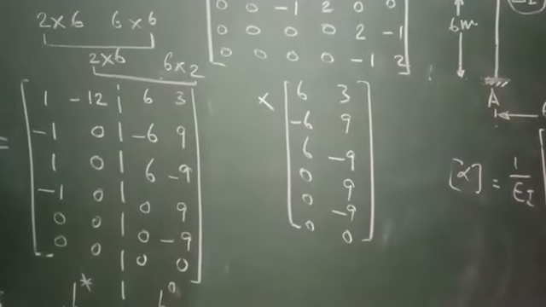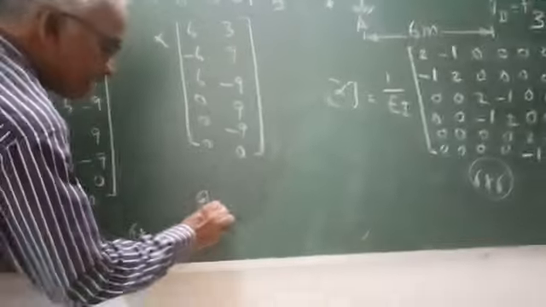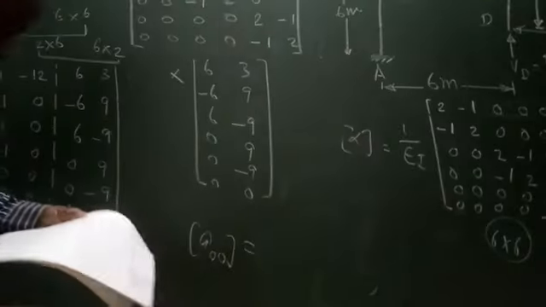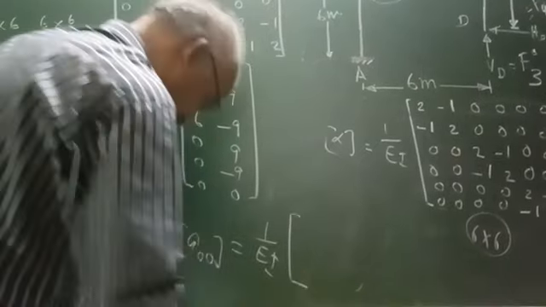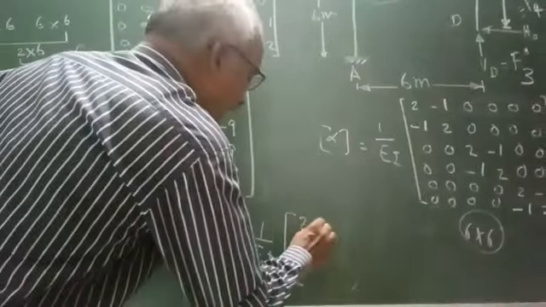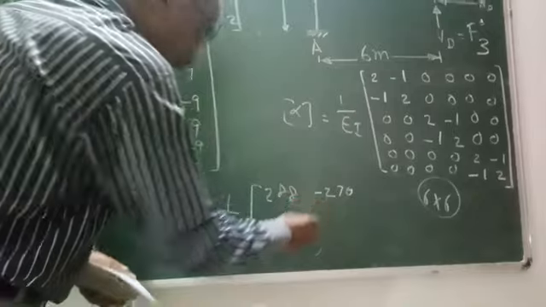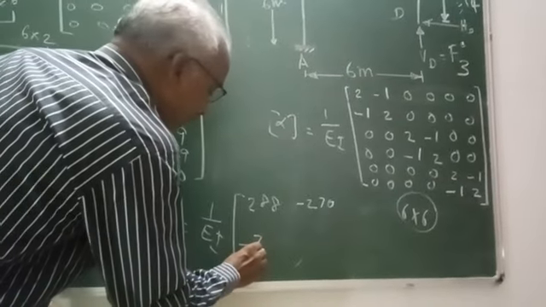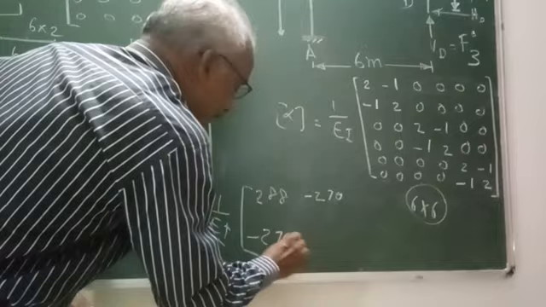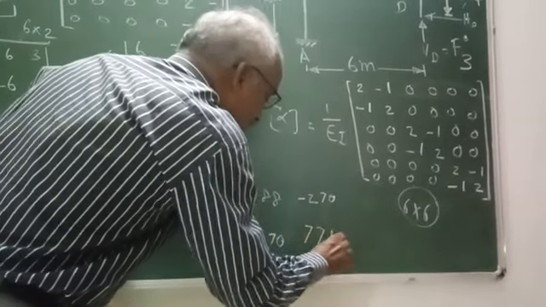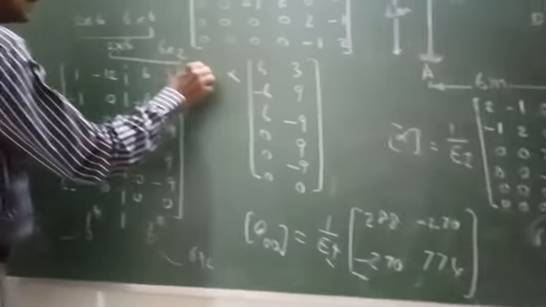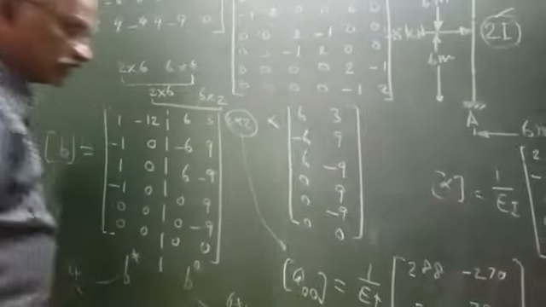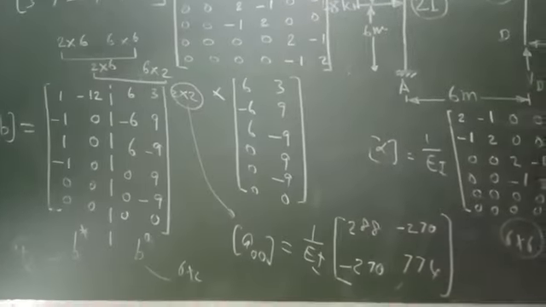On multiplication, A naught naught equal to 1 by EI, 288, 270, minus 270, 774. So after multiplying everything, you will be getting the 2 by 2 matrix. This is A naught naught after multiplying everything.